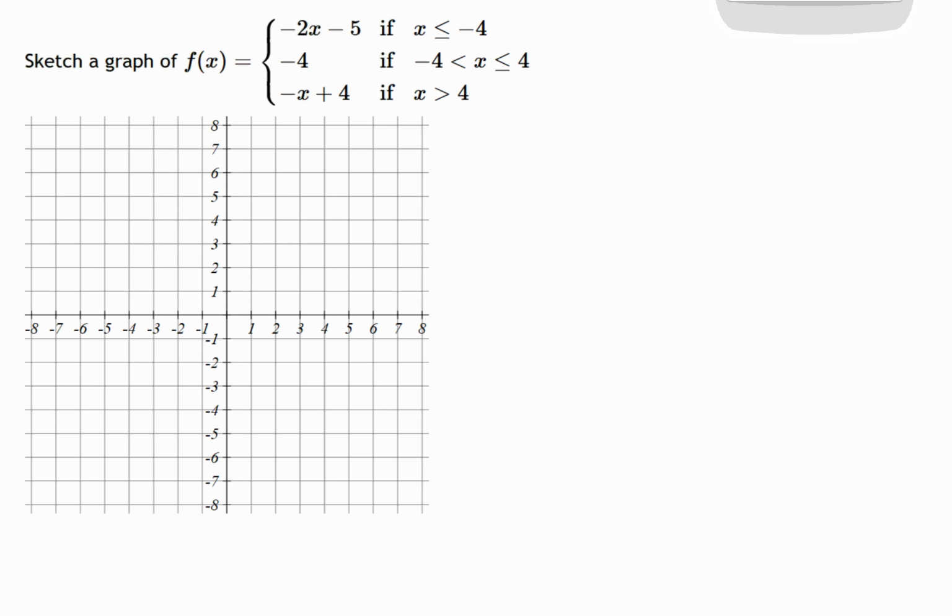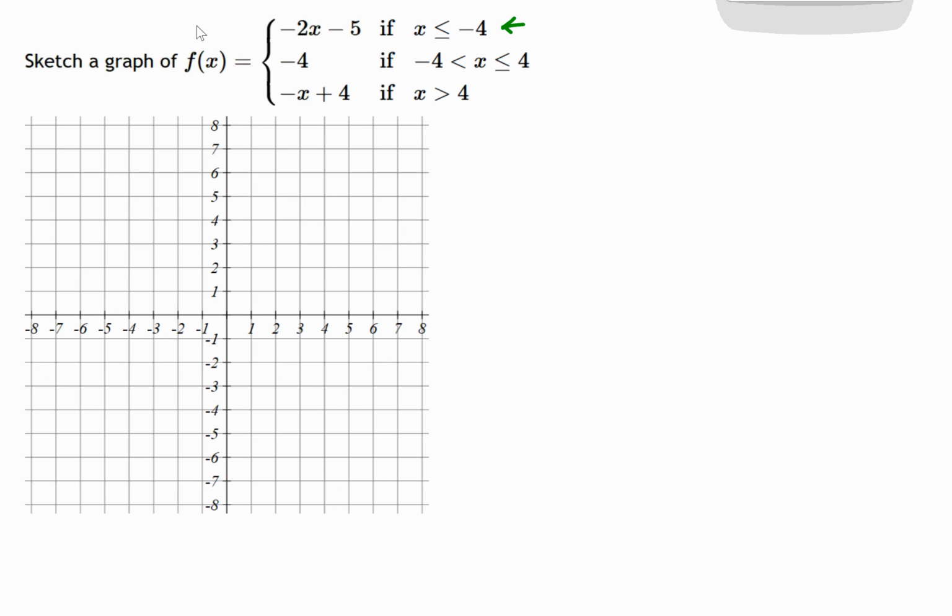So we're going to start with the first piece, and it says negative 2x minus 5 if x is less than or equal to negative 4. So what are we supposed to take from that? Well, don't forget that on the other side of the equal sign is this expression here, which is function notation.